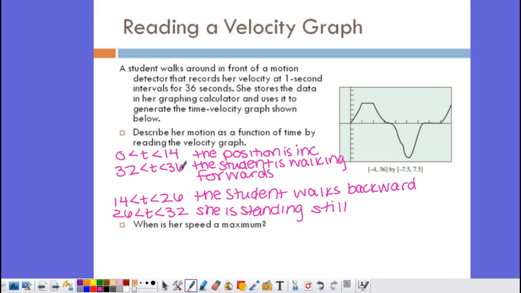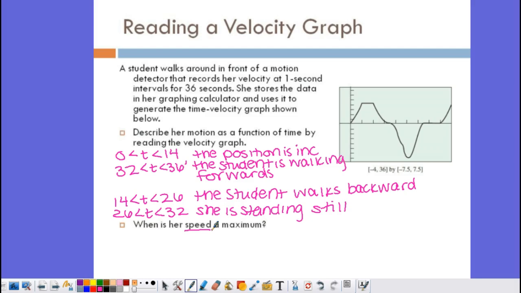It says, when is her speed? And that's a key word in this kind of question. When is her speed a maximum? 21. So, like down here, you're saying? Yeah. How do we know that's the maximum speed, even though on my graph it's a minimum?